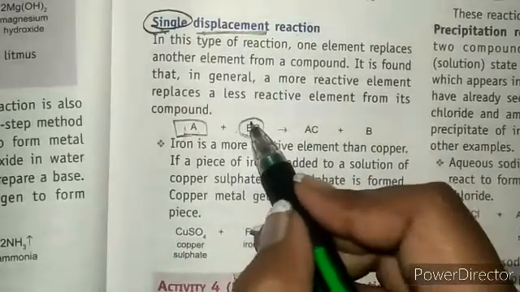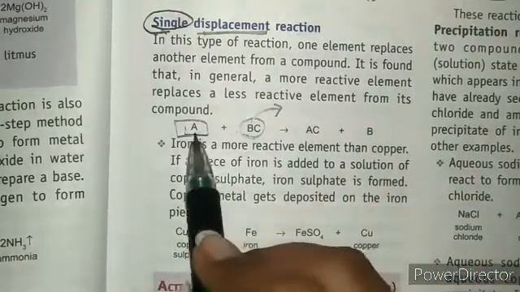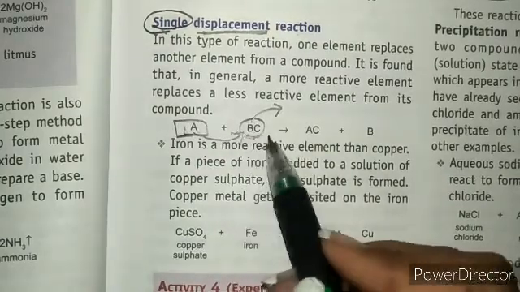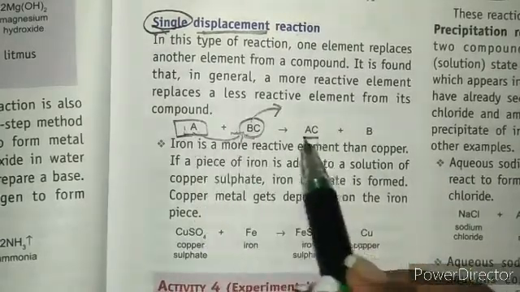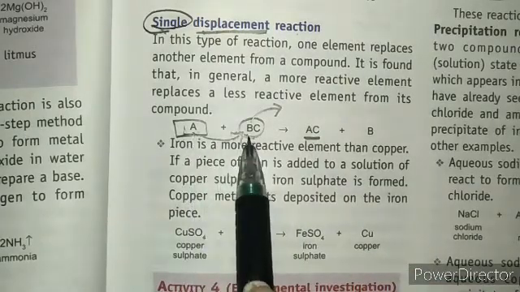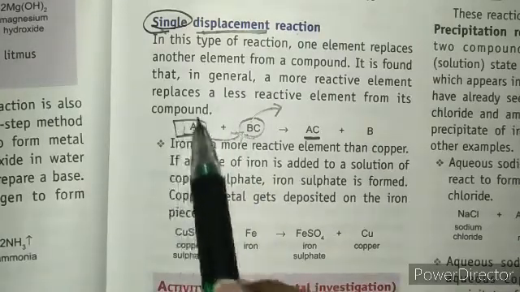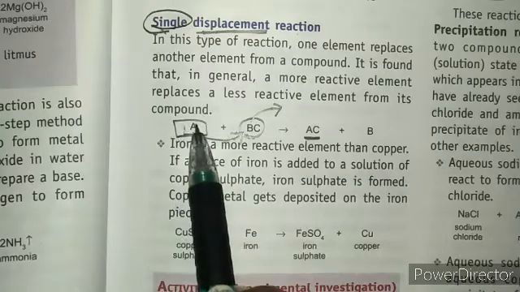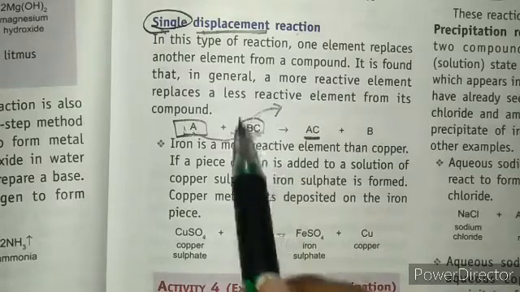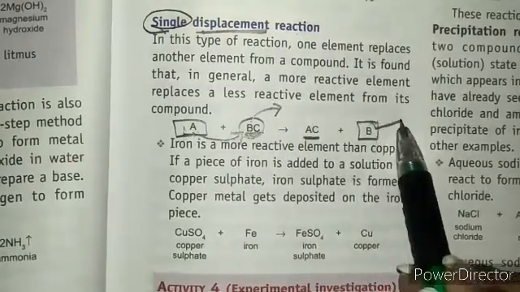That means B will be out in this reaction, and A displaces B. So here we have AC. So first of all we had A plus BC, and this A displaces its previous position. Previously it was here, and then it gives a new compound with another element of that particular compound, and B is out.